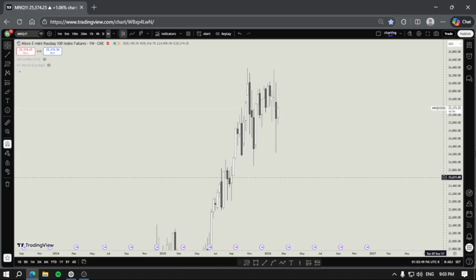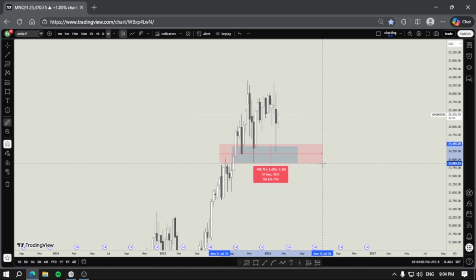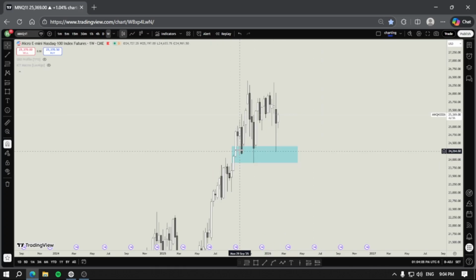When I look at this chart right now, we can see those weekly fair value gaps are getting respected. 1, 2, 3, 4, and 5 times, literally 5 times, we respected those gaps, those two gaps between them, because they're back to back.